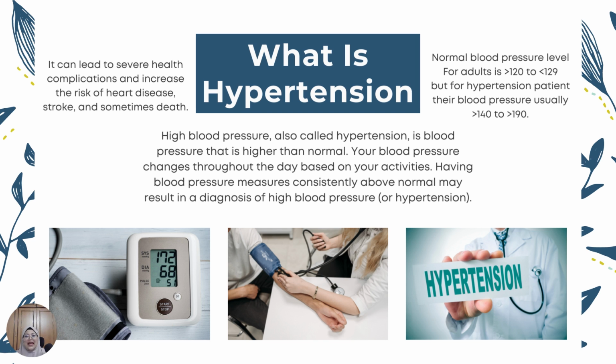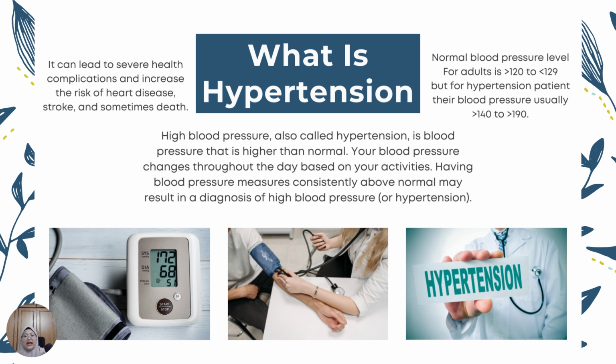So how can we know the normal blood pressure level and the blood pressure level for a hypertension patient? Normal blood pressure for adults like us is from 120 to less than 129, the systolic BP only.